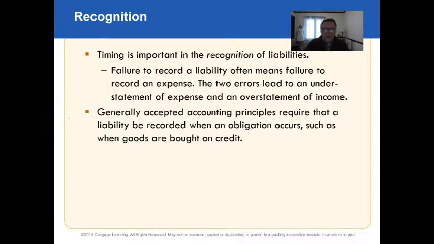Timing is important in the recognition of liabilities. Sometimes failure to record a liability means failure to record an expense. So things get really out of whack. A couple of different errors can lead to an underestimate of your expenses or an overstatement of your income.